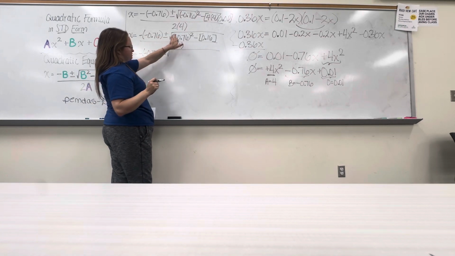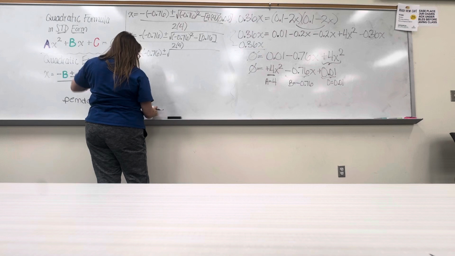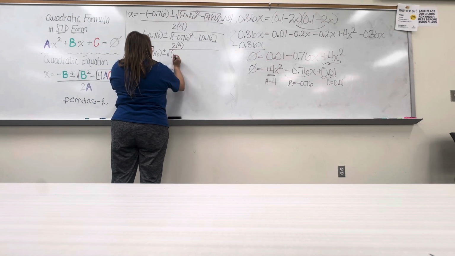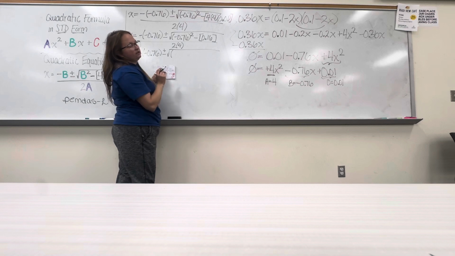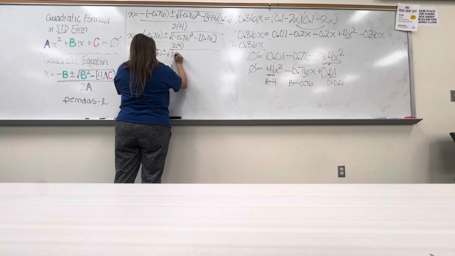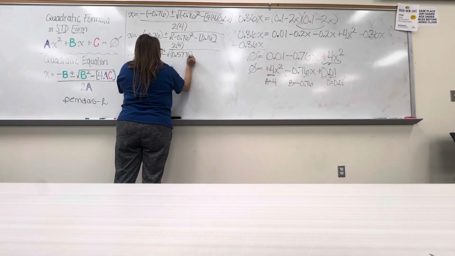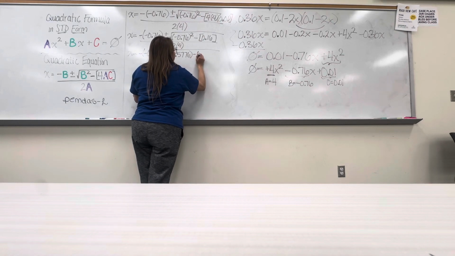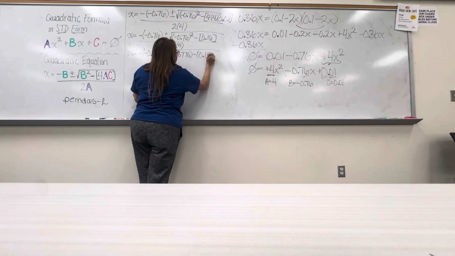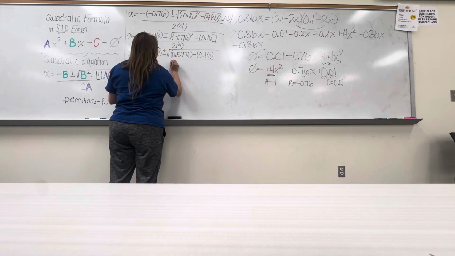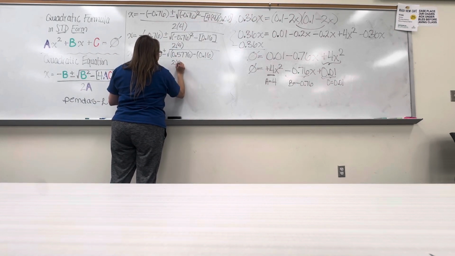Let's do this exponent, which is, now a negative times negative is a positive, so that's going to be positive 0.5776, okay? Subtracted 0.16, all over 2 times 4.